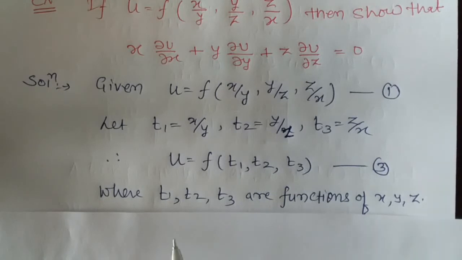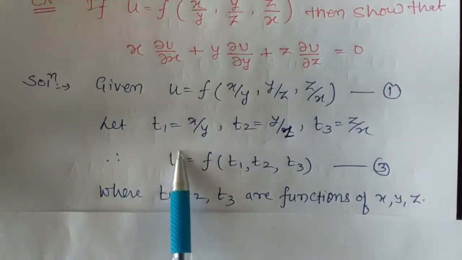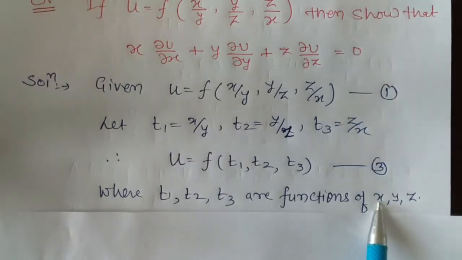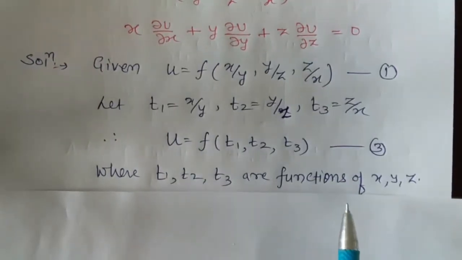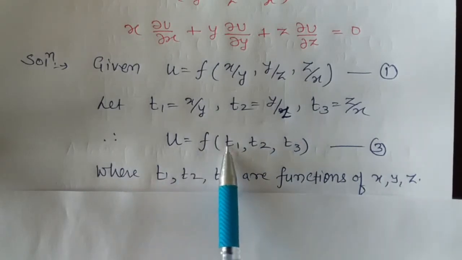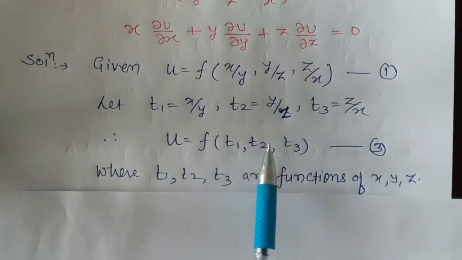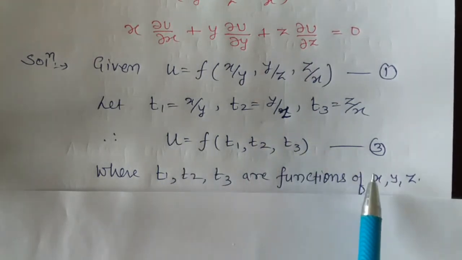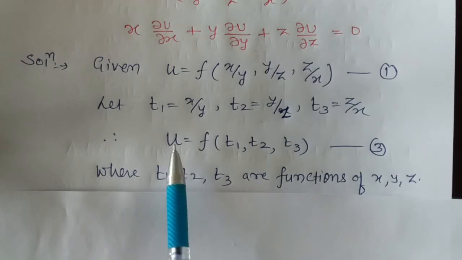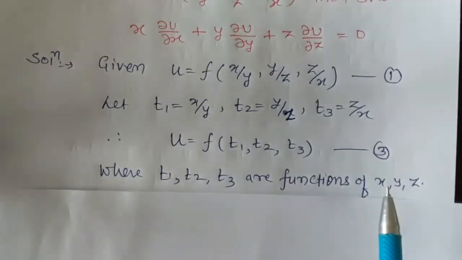So first we find del u by del x, that is the partial derivative of u with respect to x. So by chain rule we differentiate u with respect to t1 and then t1 with respect to x, then u with respect to t2, then t2 with respect to x, and finally u with respect to t3 and t3 with respect to x.